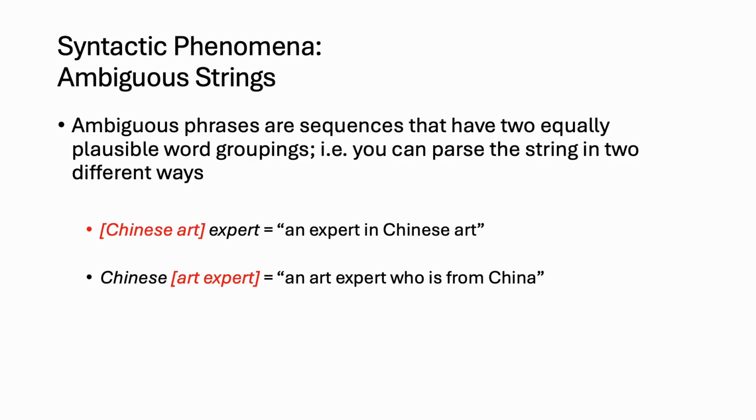And that is Chinese art expert, an expert of Chinese art. The next one, Chinese art expert. Art expert is a constituent because that's what it is. That's a noun, art expert, compound noun. Okay, and the person happens to be Chinese, and Chinese is the adjective that describes the noun, art expert. Let's keep going.